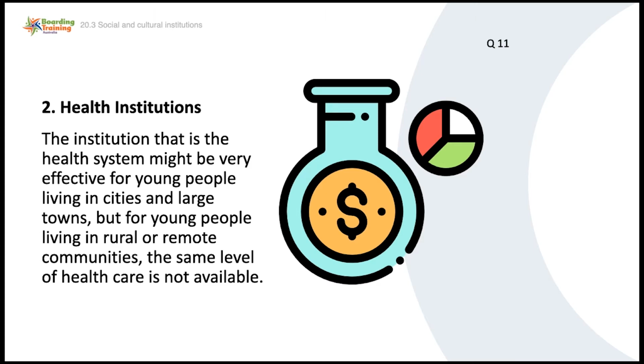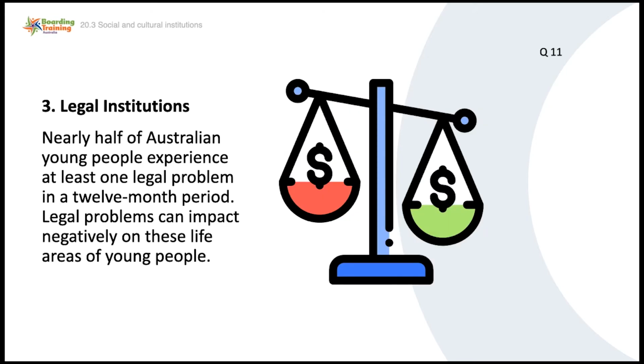The institution that's a health system might be effective for young people living in cities and large towns, but for young people in rural or very remote communities, the same level of healthcare is not available. Or legal institutions. Nearly half of Australian young people experience at least one legal problem in a 12-month period, and legal problems can impact negatively on the life areas of these young people.